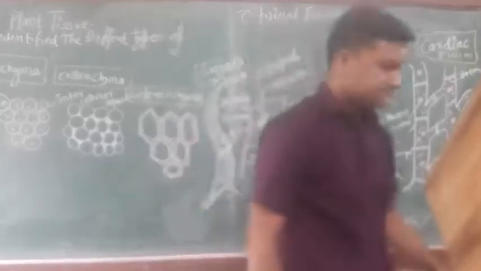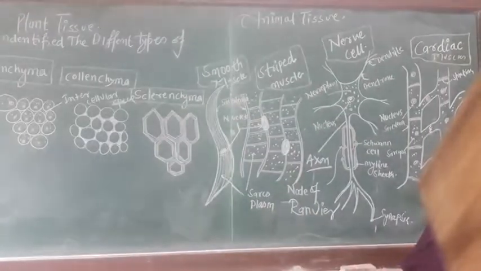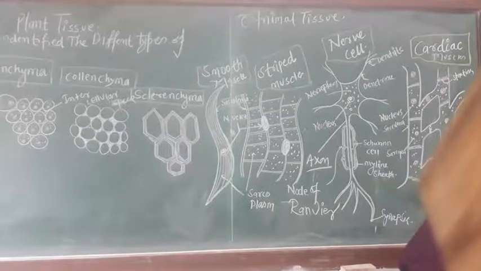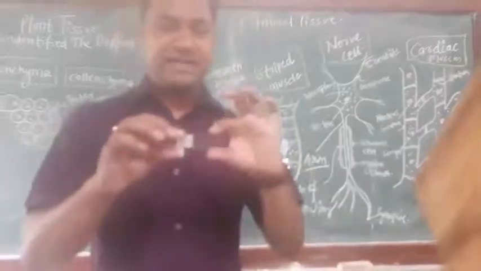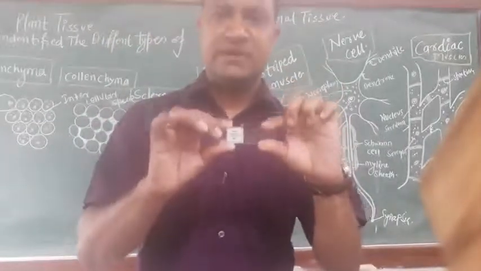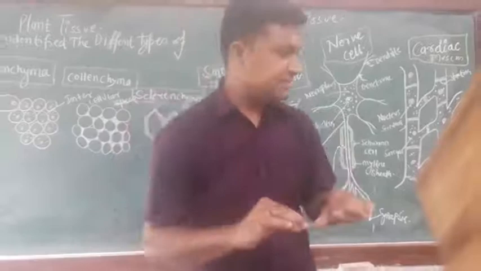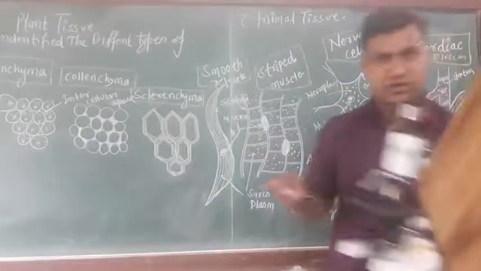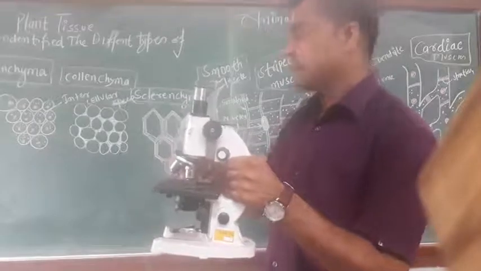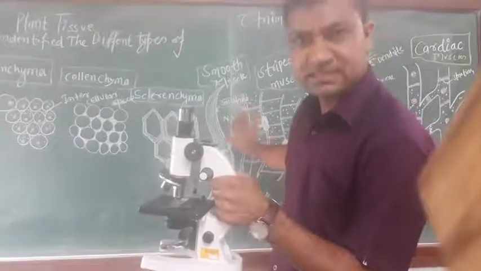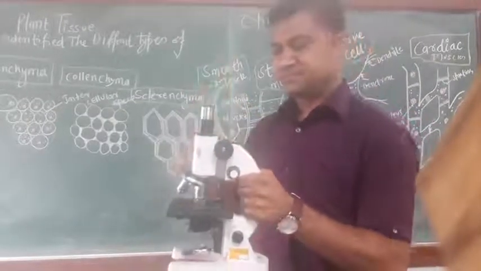We can observe all these types of tissues or cells with the help of permanent slides. If you watch it on the microscope with a permanent slide, then you are able to see this kind of structure. That is just an observation. Thank you.